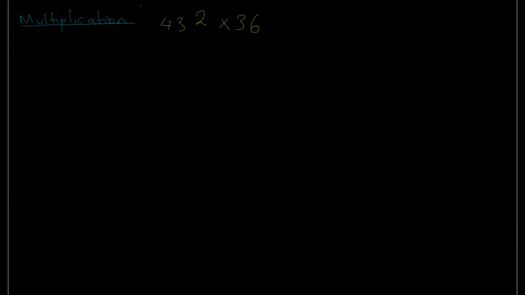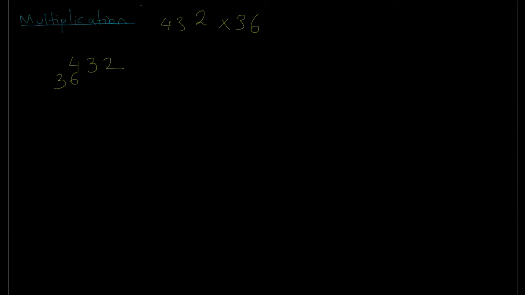Okay, so he is going to put the numbers in two rows like this. 36 goes to the bottom row like that, and the placement of the numbers is not arbitrary here, and it shows a thorough understanding of the decimal system.